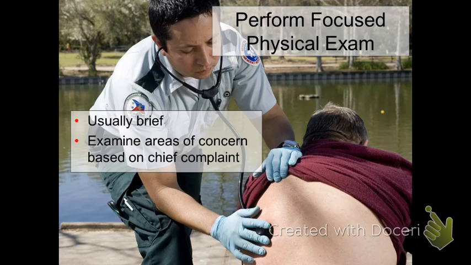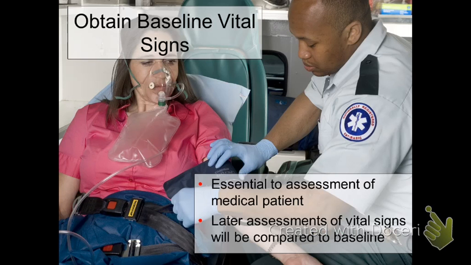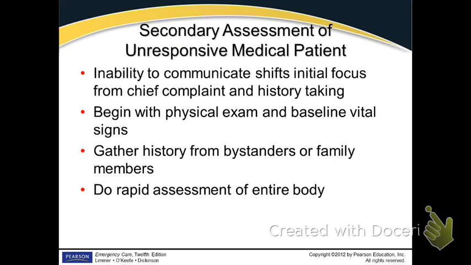We'll learn later a systematic head-to-toe way of doing this. Always get a set of vital signs, a good set of baseline vitals. We talked about it before. Those give you a base on how your treatment's doing. You can't reassess the patient without a good set of baseline vital signs.